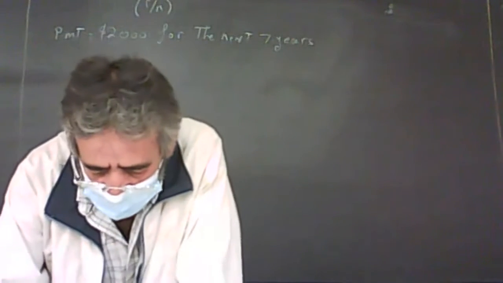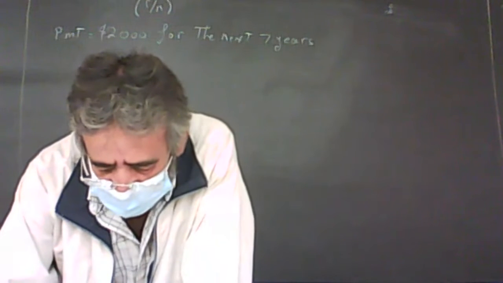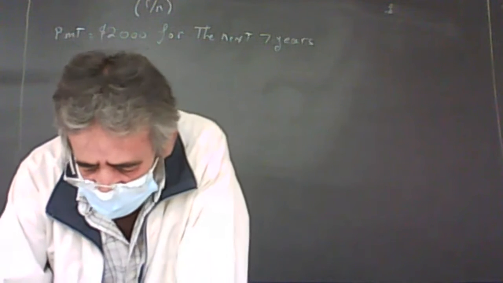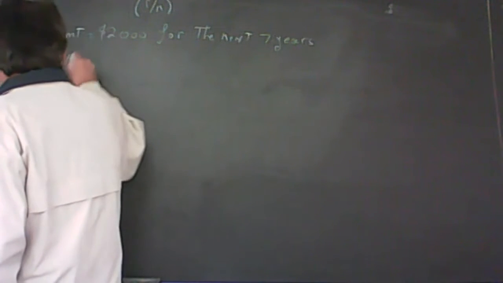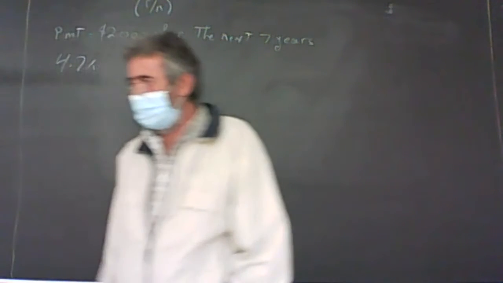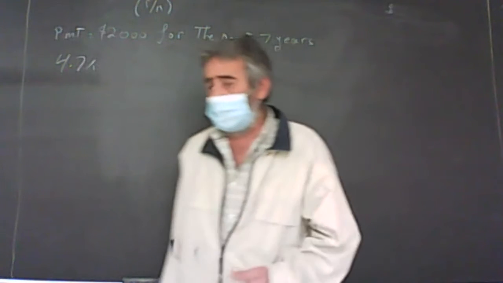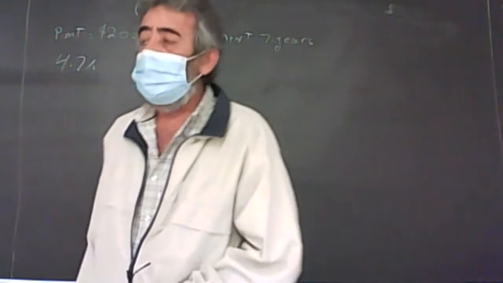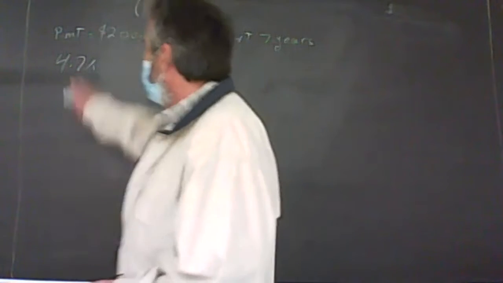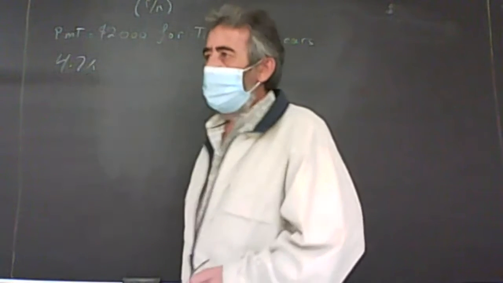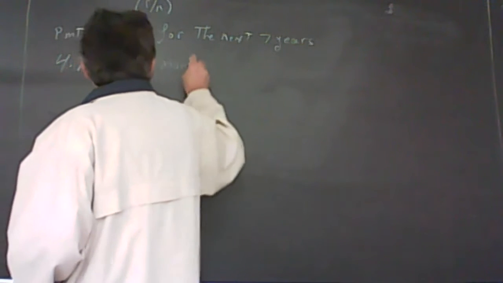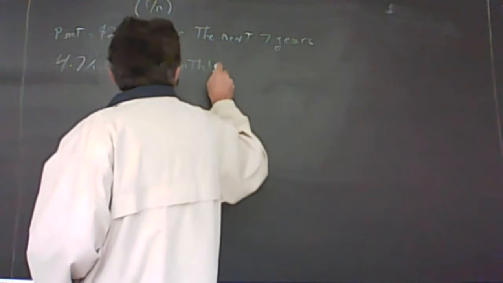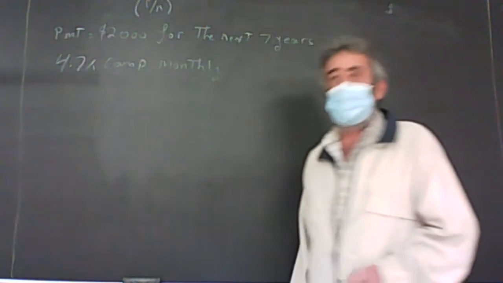It also asks, how much money should the insurance company invest now at 4.7%? So the insurance company decided, instead of making a payment every month, to take a lump sum of money and invest it today at 4.7% to guarantee that she will receive her payment of $2,000 per month.